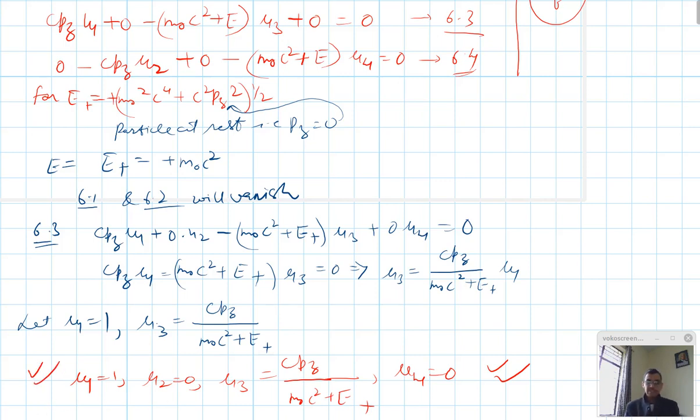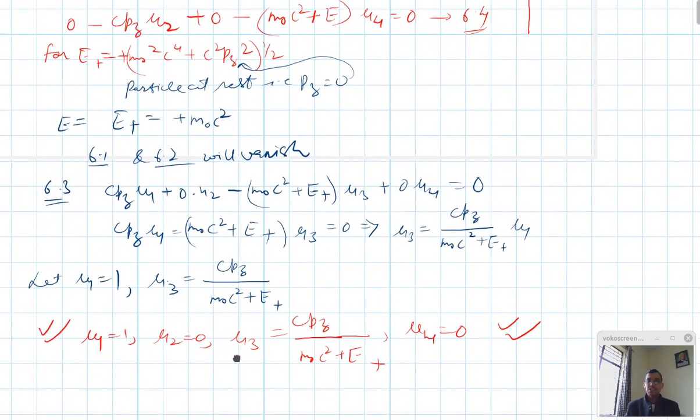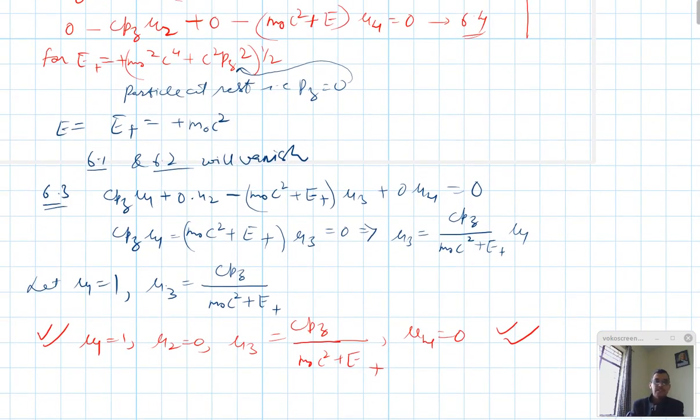And similarly for equation 6.4, if I take this equation, then cpz u2 must be equal to negative of (m₀c² plus E plus) u4.